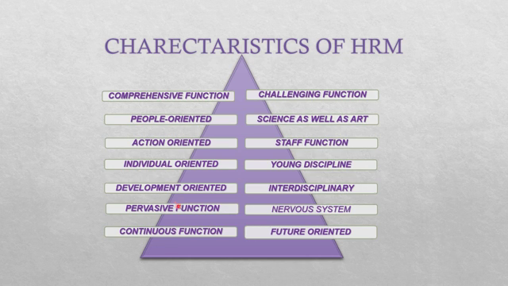Next, we have pervasive function. Human resource management is important in all the organizations. Like I said in the first point itself, it is required in all the levels of management also. So we can say that human resource management is not only concerned with or restricted to an organization only.